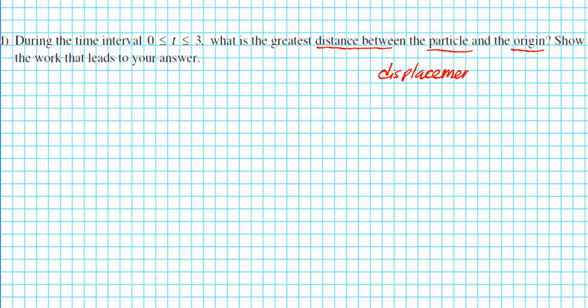So we want to look for the magnitude of the displacement. How far to the left or right is it? What's the biggest displacement from the origin? Since we're looking at displacement, which is a vector quantity, we're going to be using a different formula.